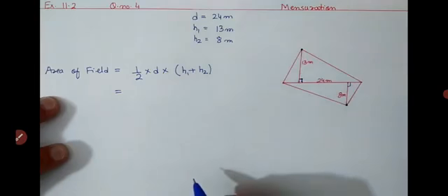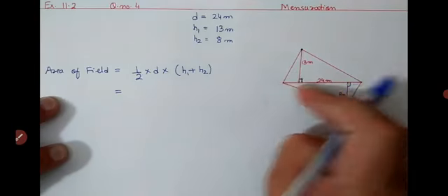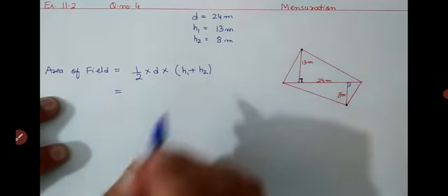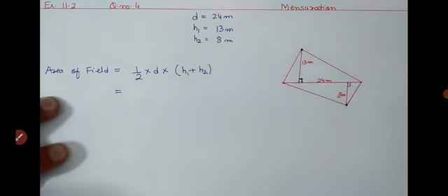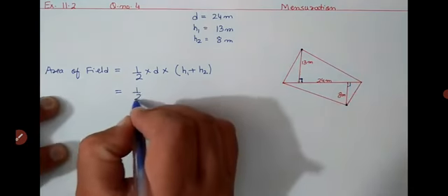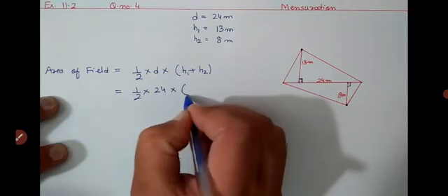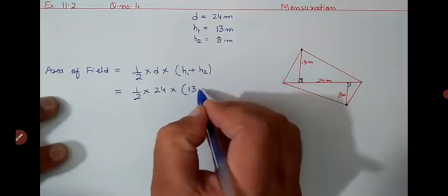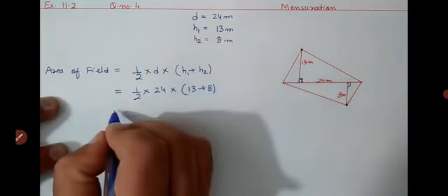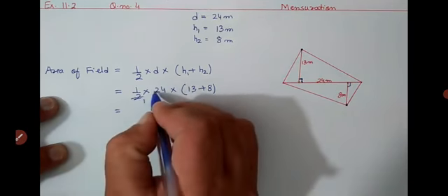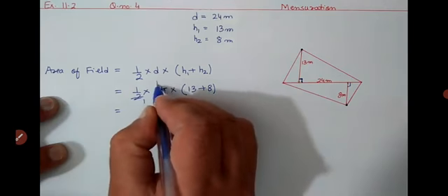Okay, so write it in the formula, 1 by 2 into d is 24 meter into 13 plus 8. Okay, so you can get 2 ones are 2 and 2 twos are 4.